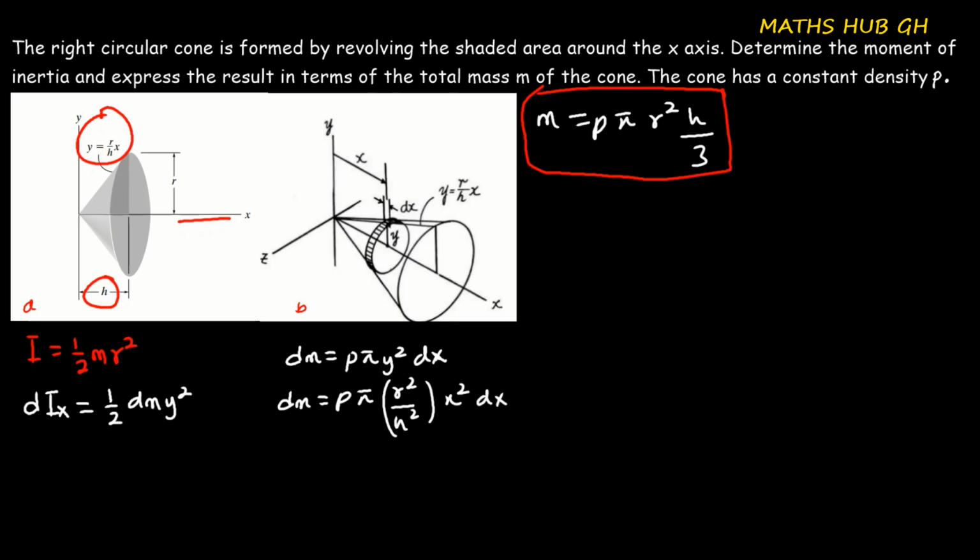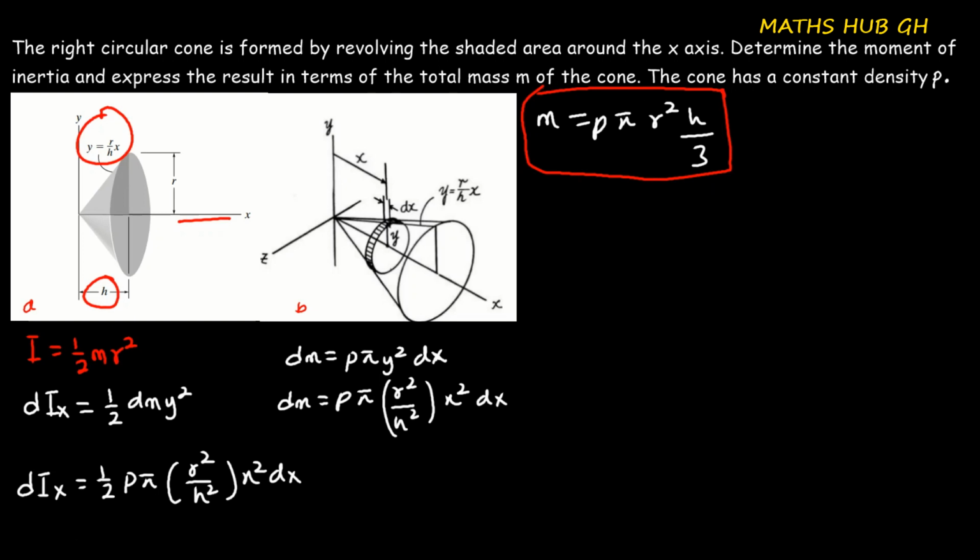So this is what you have. Now let's do this substitution and see what we are going to get. So we're going to have dIx equal to half the m, which is rho pi r squared over h squared multiplying x squared dx, right? And then don't forget we still have y squared here, right? So let's bring it, times y squared.